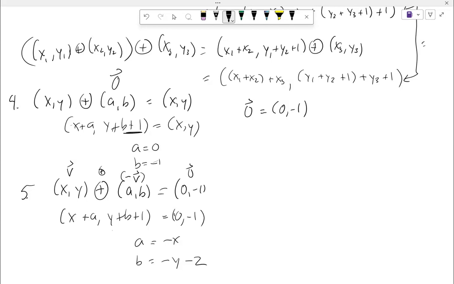So if we write it, the additive inverse of (x, y) in this case is -x, but it's -y minus 2. Does that make sense? Is it okay?